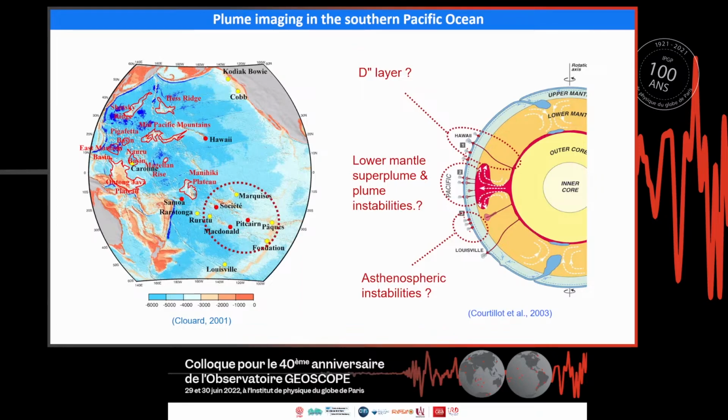In the early 2000s, we were dealing with the model proposed by Courtillot for the origin of mantle plumes, either coming directly from the CMB, or derived from a large low velocity structure in the lower mantle and propagating as instabilities towards the surface, or as asthenospheric structures feeding the hotspot at the surface.